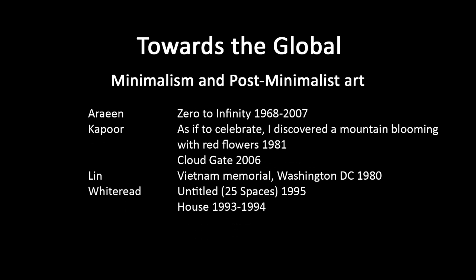Rasheed Araeen, Zero to Infinity. First done in 1968, then redone in 2007. He's an artist born in Pakistan, but he moved to London, well, first briefly to Paris and then to London.